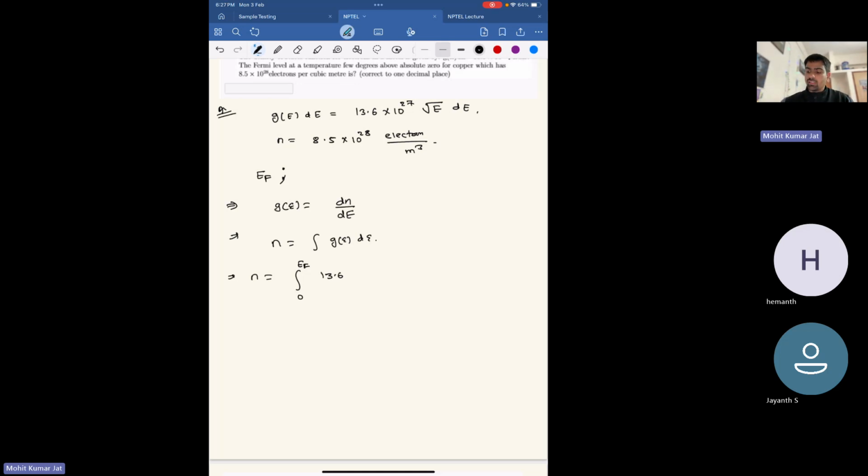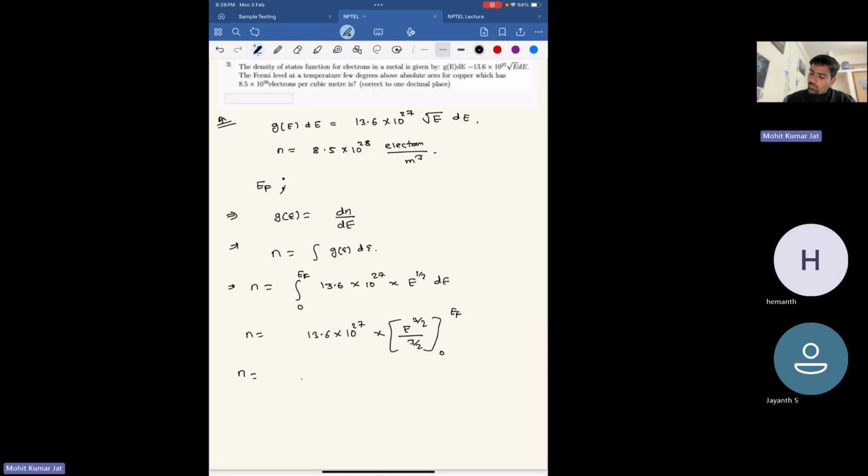So N is 13.6 × 10^27, I can take it out, and E to the power 3/2 by 3/2, between 0 and EF, which turns out to be 13.6 × 10^27 times 2/3 times EF to the power 3/2.